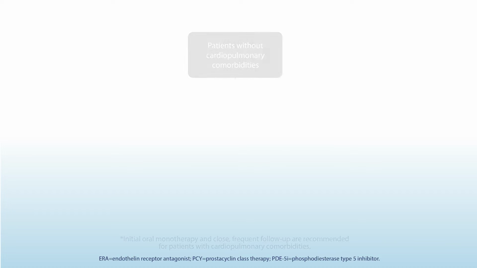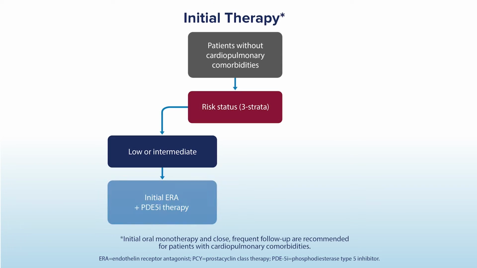Most patients, it's recommended, start on combination therapy up front. We learned from the AMBITION trial that patients who are started on combination ERA and PDE5 do better than patients who are started on monotherapy with either one alone. The guidelines recommend as initial therapy that patients who are low or intermediate risk are started on this combination of the ERA and PDE5.